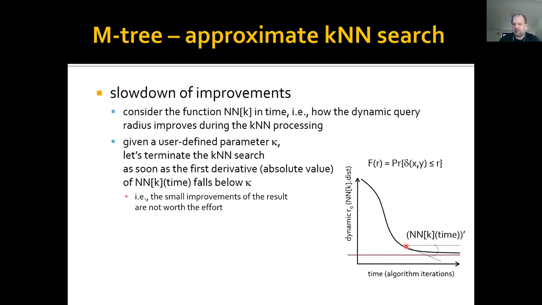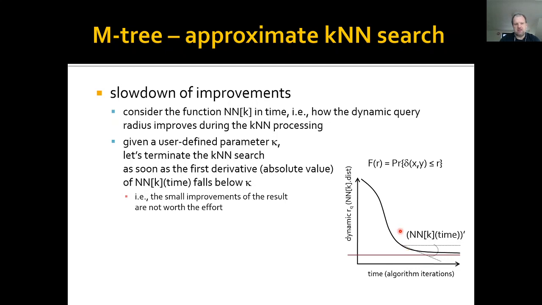As this slows down, the angle gets smaller and smaller, and once it's smaller than some kappa, that's the threshold, the decision point that is used for stopping the algorithm. So this is the slowdown of improvements heuristic, and we can get faster search for some approximate result.